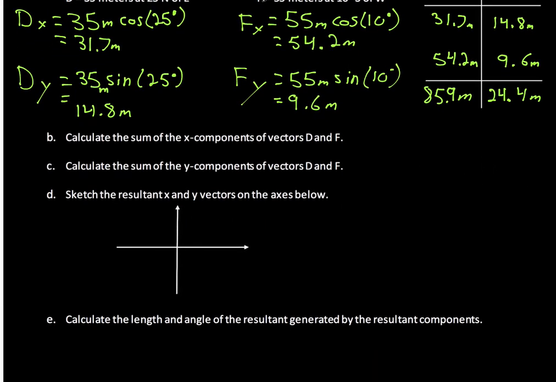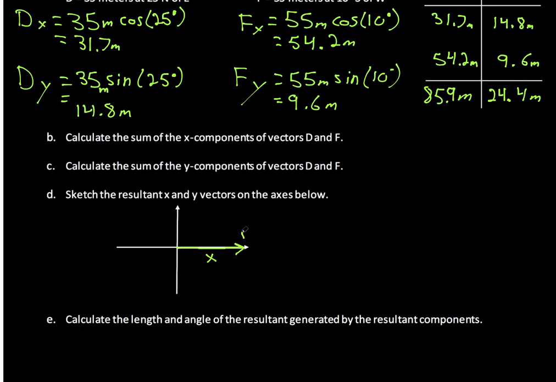So those are our added up components, and then I can sketch the x and y components and the resultant down here. If the x direction goes 85 units this way, I'm going to have a really big vector going that way for my x component. And then for my y component, 25-ish, less than 100, so a little bit less than a quarter of the length of this one.